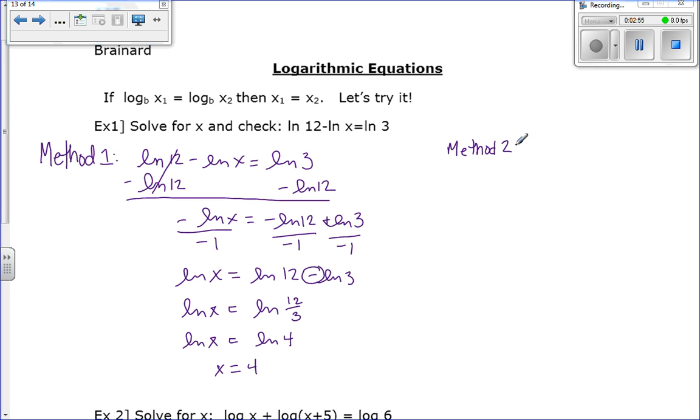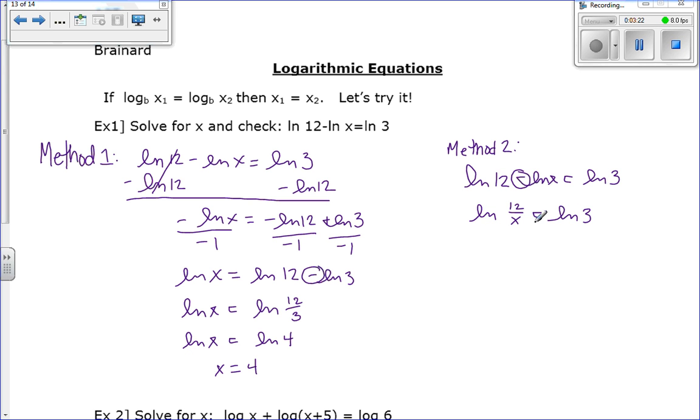Method number 2 is the natural log of 12 minus the natural log of x equals the natural log of 3. What I'm going to do here is just go right to my properties. So I have the natural log of 12 divided by x equals the natural log of 3.